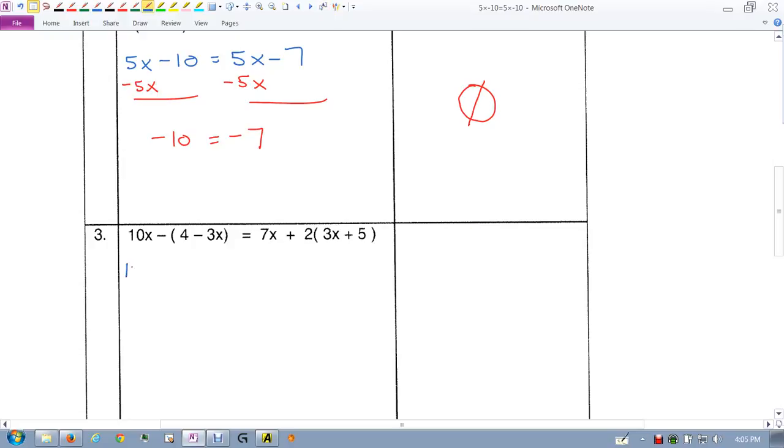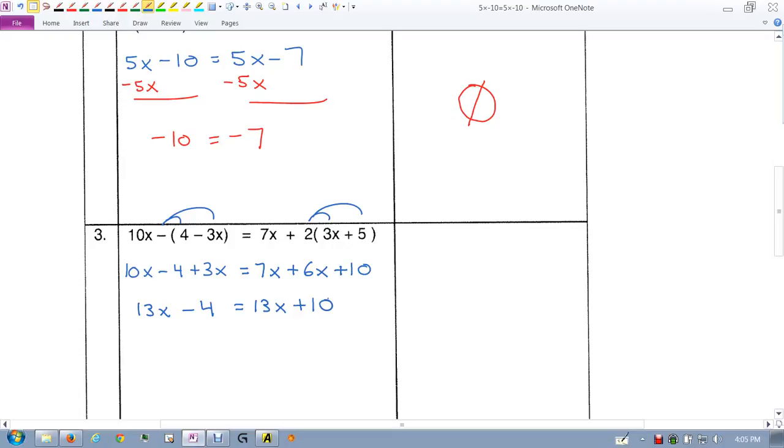Next one. 10x. I need to distribute a negative through here, which changes the signs of what's inside. Over here on the other side, 7x plus 6x plus 10, distributing my 2 through. I collect like terms on the left side. And what's going to happen?